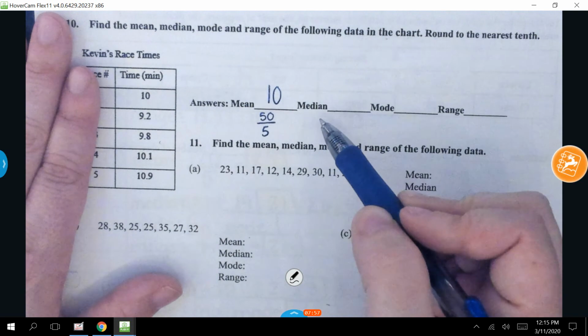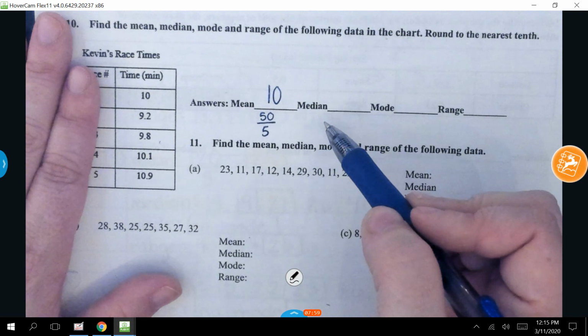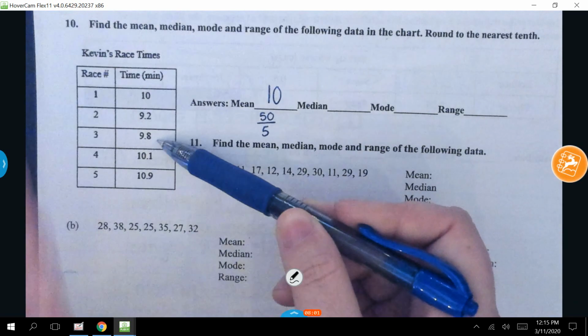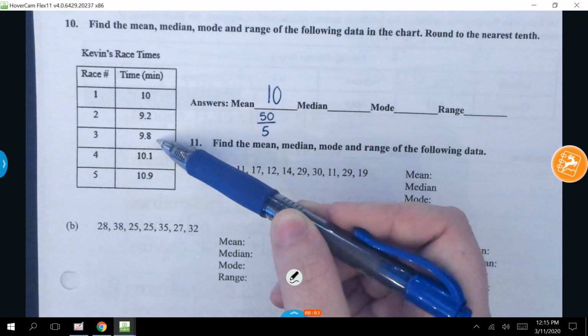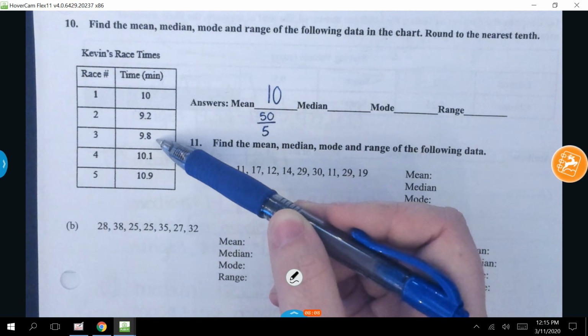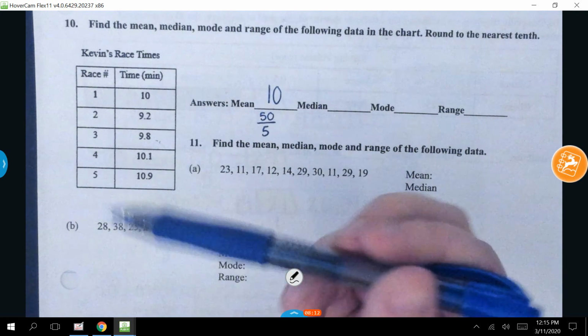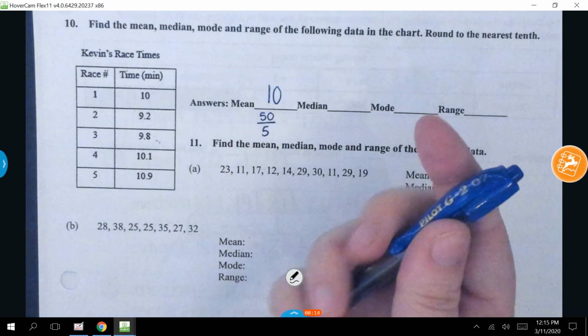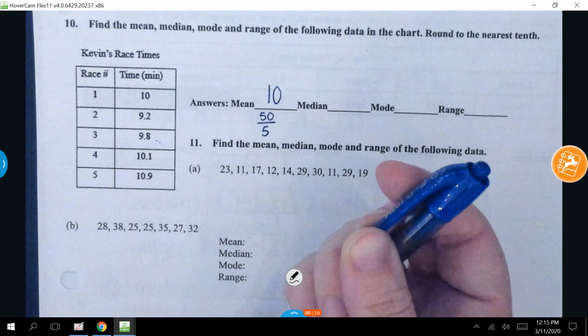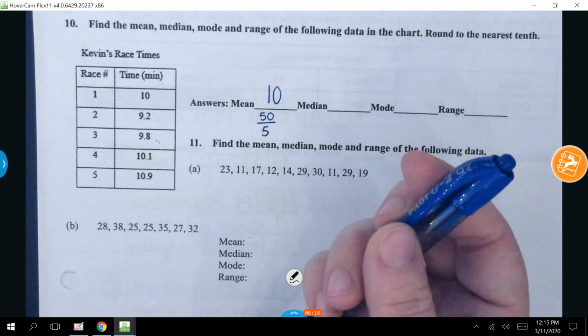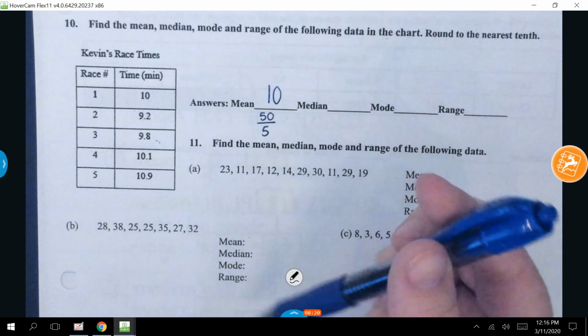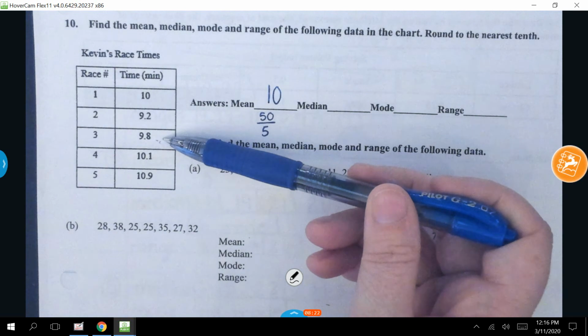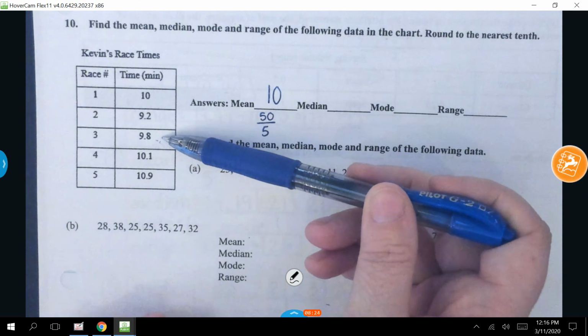I need to find the median, which we already wrote down as the middle number. So am I going to say 9.8 is the median? Why can I not just say 9.8 is the median? Jessica? We need to mark out the numbers. There's another reason I can't just say 9.8 is the median. Keegan? Yeah, just because it's in the middle doesn't mean it's the middle number. What do I need to do first, Keegan?